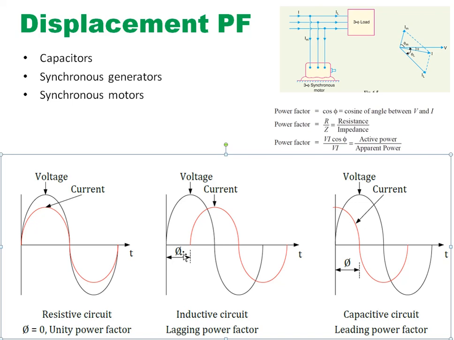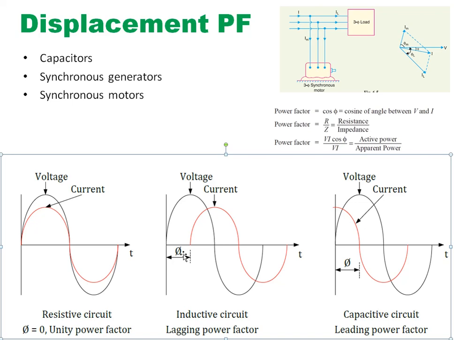So the question is whether the load current is lagging or leading. If the load is inductive, a lagging power factor will happen. If the load is capacitive, a leading power factor will happen. This is called the displacement power factor, the power factor issue due to displacement.